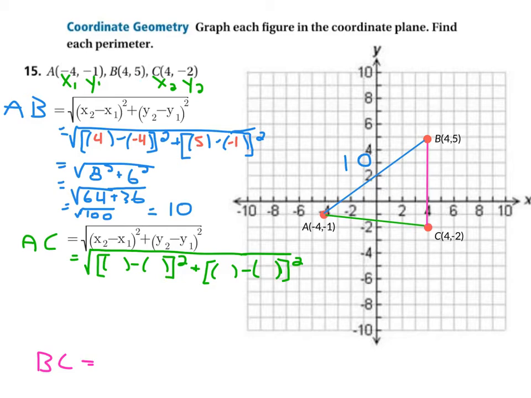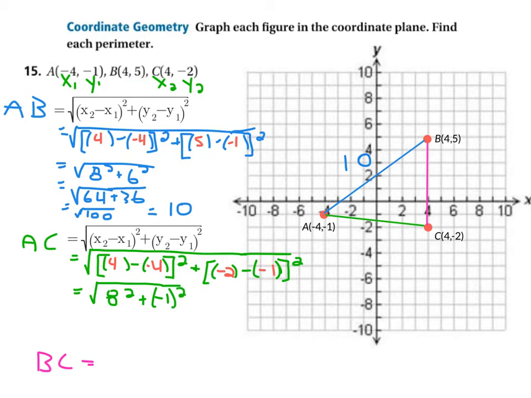So let's sub in the values. x2 is 4, x1 is negative 4, y2 is negative 2, y1 is negative 1, and we get 4 minus negative 4 is 8, so we've got 8 squared, plus negative 2 minus negative 1 is negative 1, squared.